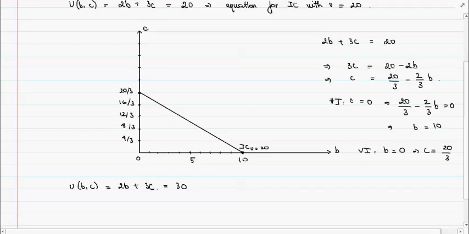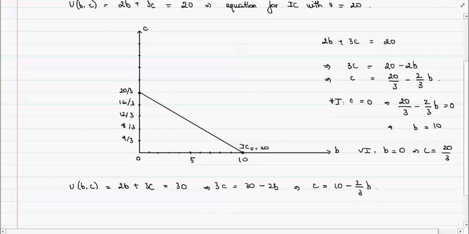Any bundle B and C satisfying this equation lies on the indifference curve with a utility level of 30. If you rearrange this, you get 3C equal to 30 minus 2B.